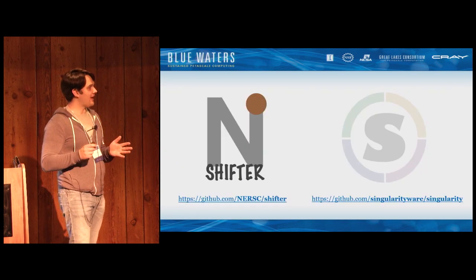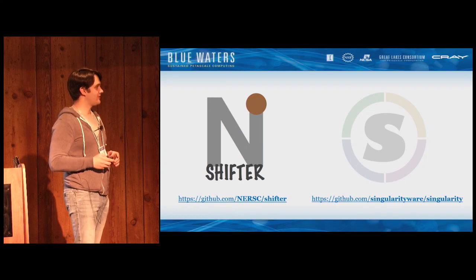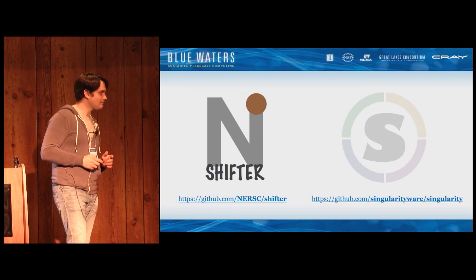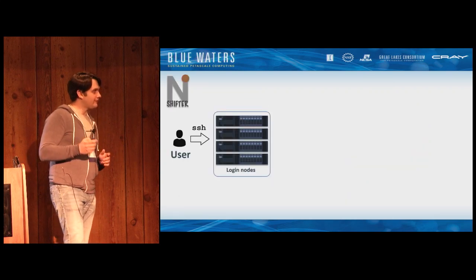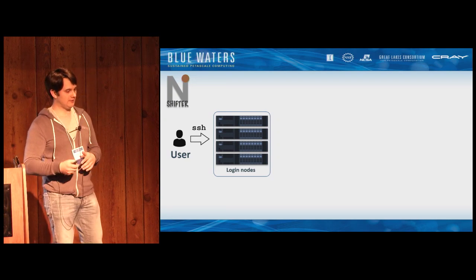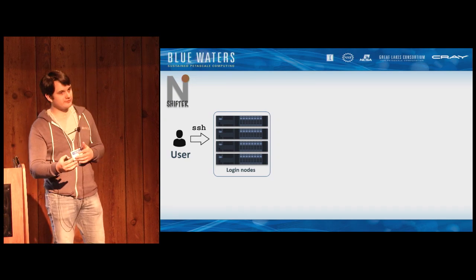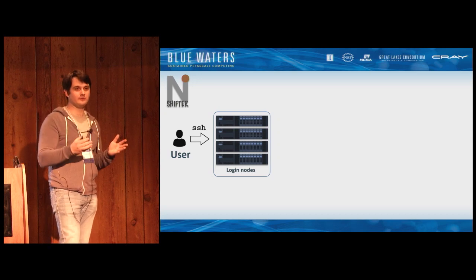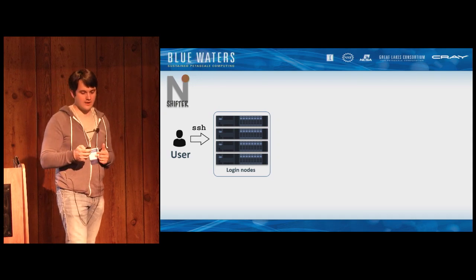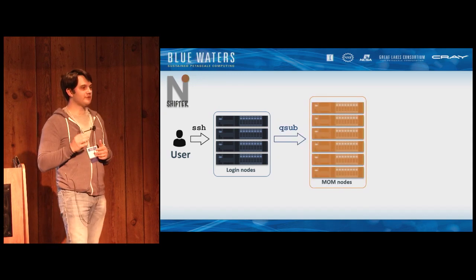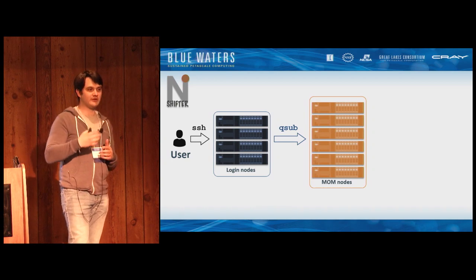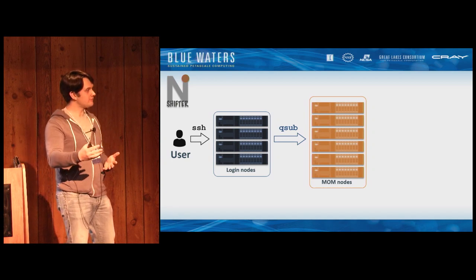So Shifter and Singularity. Let's start with Shifter. So as you know, when we log into Blue Waters, we get onto login nodes, and there are only 3 login nodes. Now, when we submit a job, we use qsub, we get onto mom nodes.